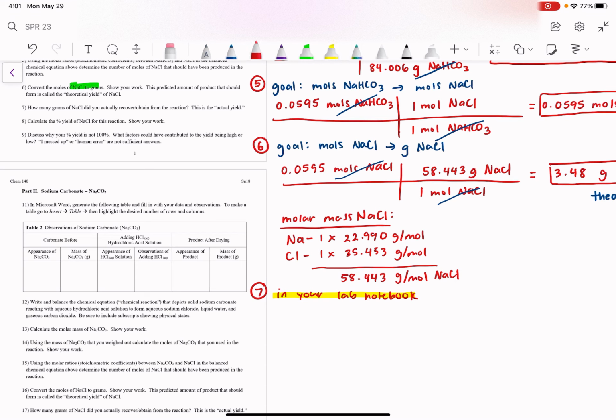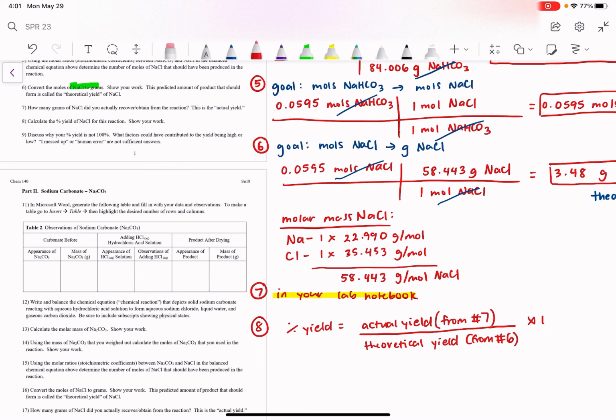All right, so let's see. For number 8, you're going to calculate the percent yield of NaCl for this reaction. So how do you calculate the percent yield? Remember, percent yield equals your actual yield from number 7 over your theoretical yield from number 6 times 100.